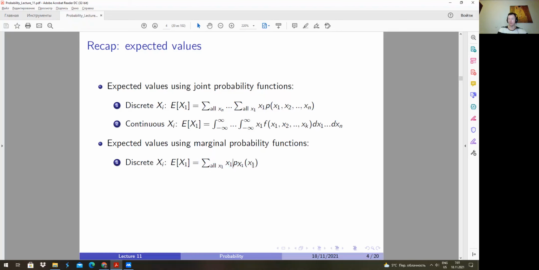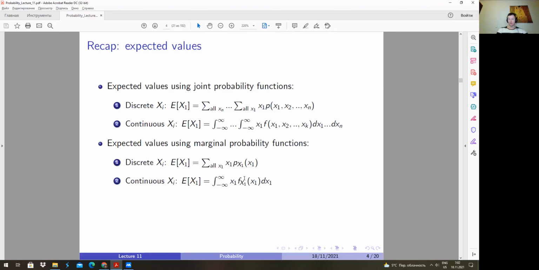So this is what we know from lecture number 7, I suppose, when we multiplied x1 by the probability mass function. So both approaches give you the same result, whichever is more suitable, you can use it.